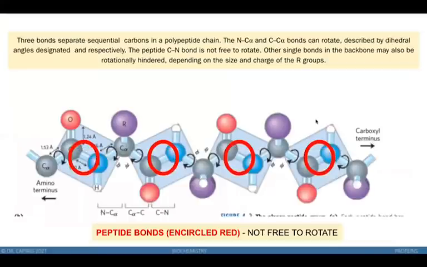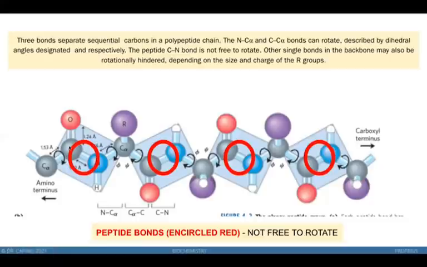Okay, so again, this is to emphasize that the peptide bonds, the one that you see here, are not free to rotate. Okay, and it forms a planar structure. And why is there a planar structure? Again, it's because of the trans arrangement of the carbonyl group and the hydrogen of the amide group.